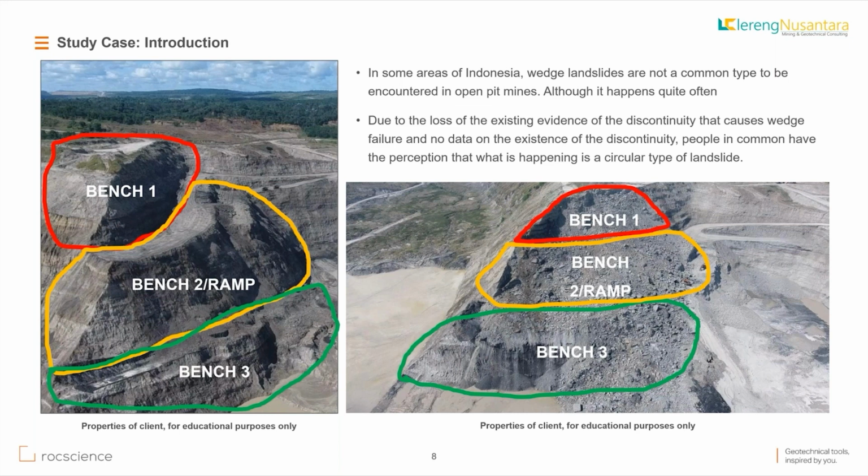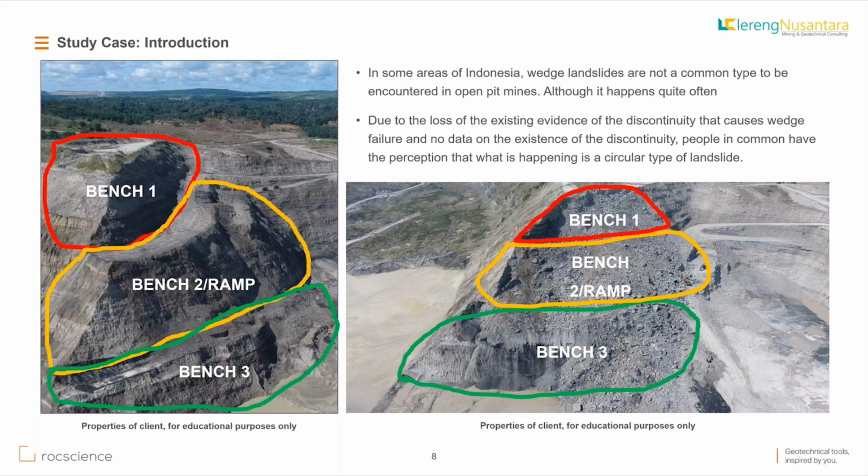As you can see in the presentation, there is a before-and-after picture of a mining slope. The left picture is before the landslide, and the right picture is after the landslide. In Indonesia, people in general are more familiar with circular type failure, and the existence of wedge failure sometimes becomes headlines.